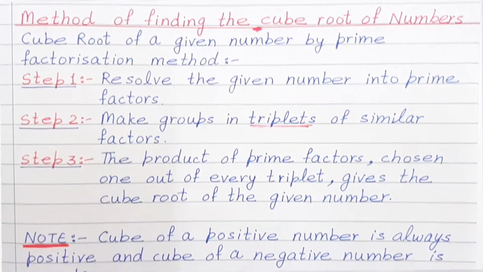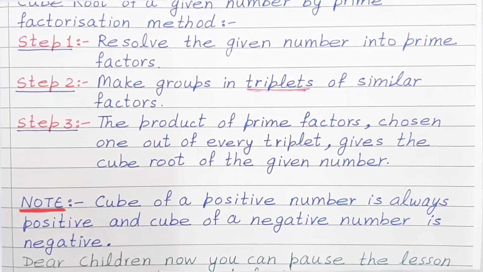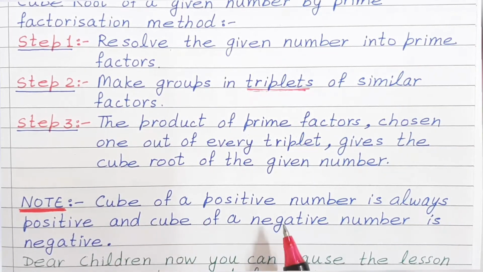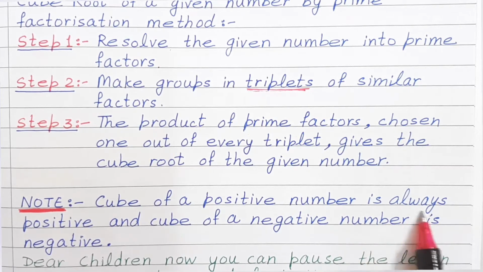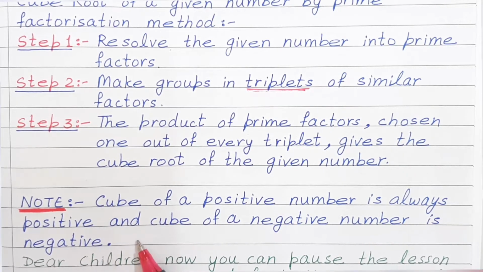Now students, note down one very important point here. Cube of a positive number is always positive and cube of a negative number is always negative. Clear?